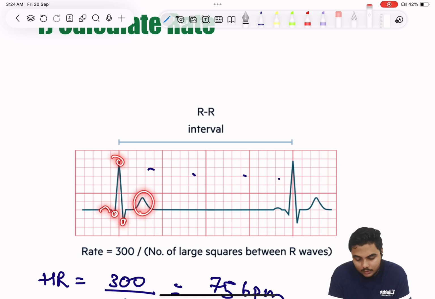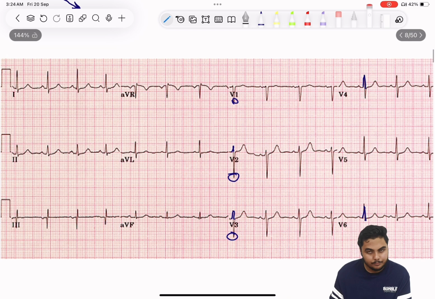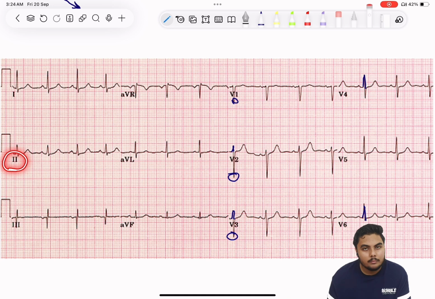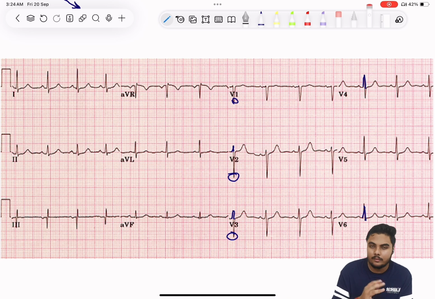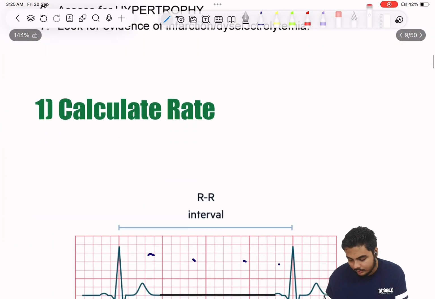Now, in a particular lead, there are 12 leads, and whenever you're looking at an ECG for any irregularity or heart rate, try to look at lead number 2. Lead 2 is also called the rhythm lead, and it is found to be most accurate. So whenever we're looking for a particular pattern or heart rate, just try to look at lead number 2.